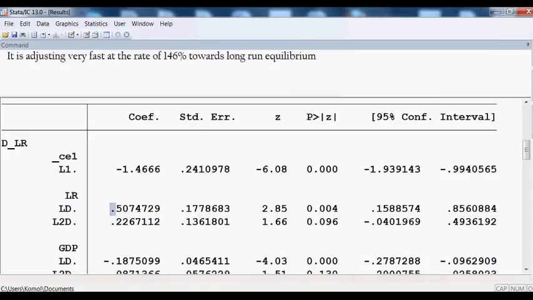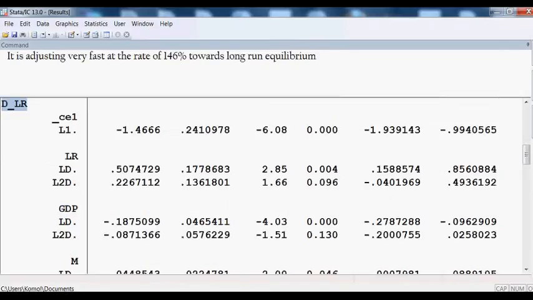Okay, first I talk about this coefficient, that means lag 1 of LR, right? Is it significant? Yes, because the p value is 0.4%, which is less than 5%. So meaning that lag 1 of LR is significant to explain our dependent variable, which is LR.